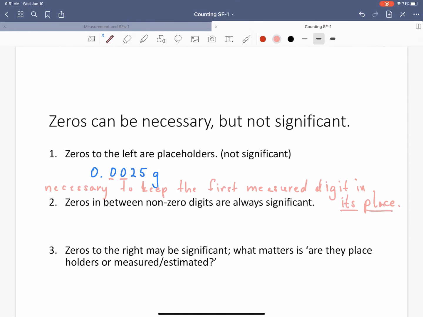It's necessary to keep the first measured digit in its place. But the first measured digit is this 2, estimated, 2 sig figs. Zeros to the left are placeholders.